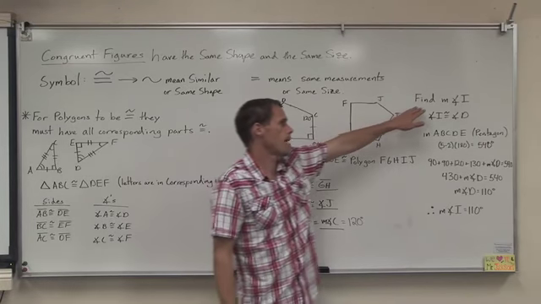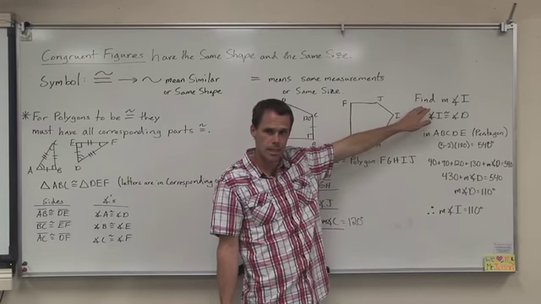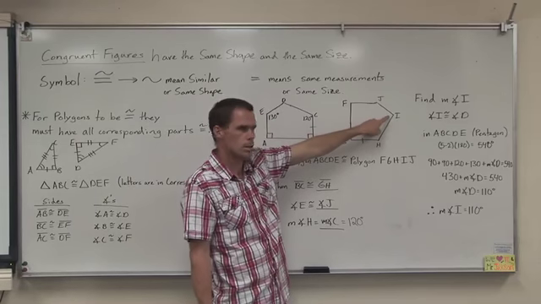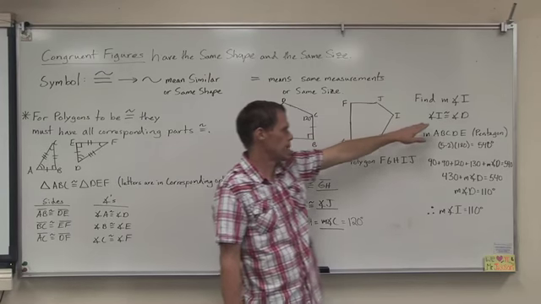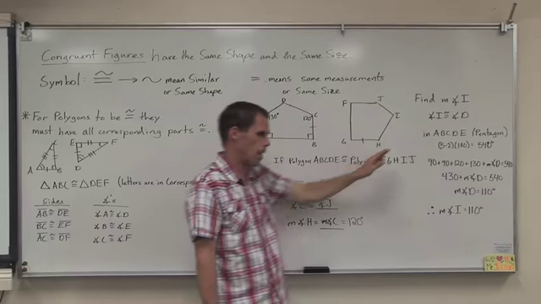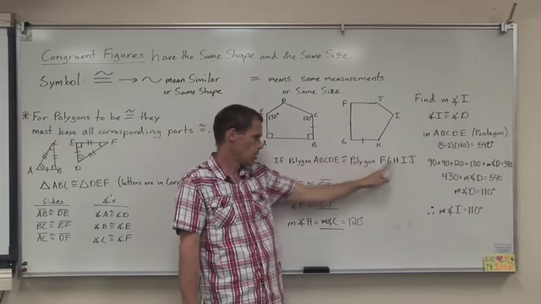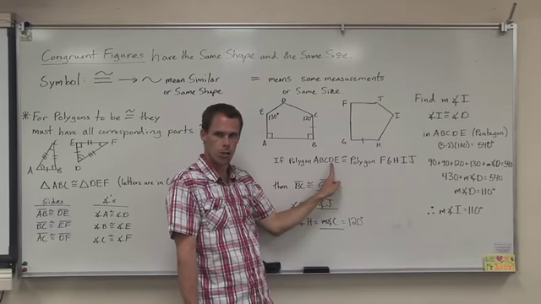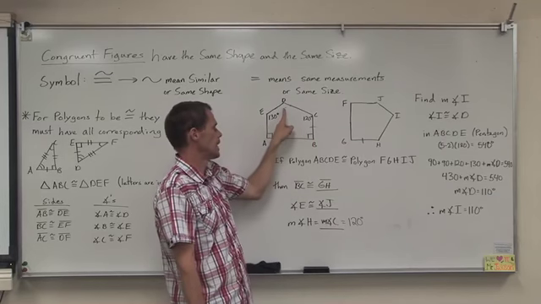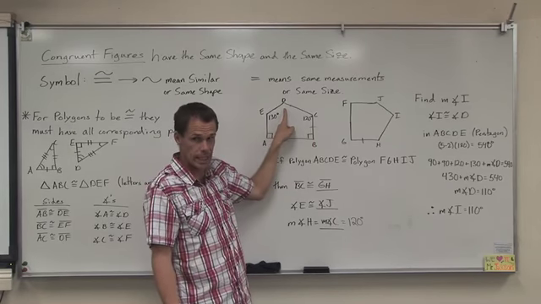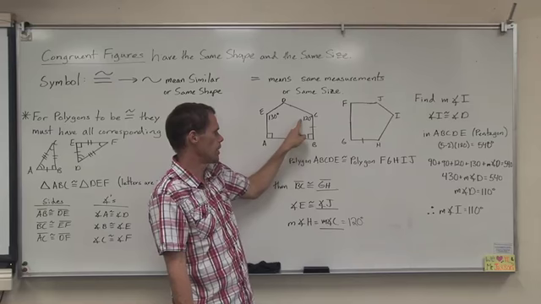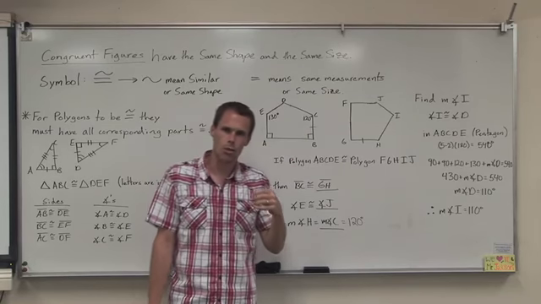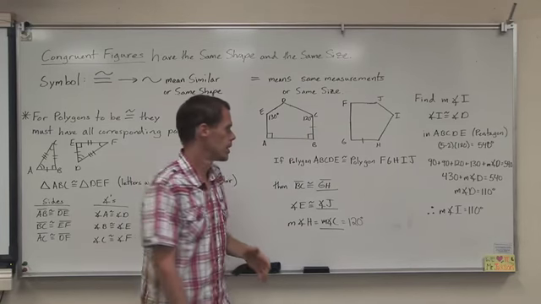Last question. What about finding the measure of angle I? Well, I would first say to myself, what does I correspond with? I corresponds with D, so I'll look at this picture. What is D? Uh-oh, I don't know what D is, but I know all four of the other angles, so I'm going to use a level 3 concept.